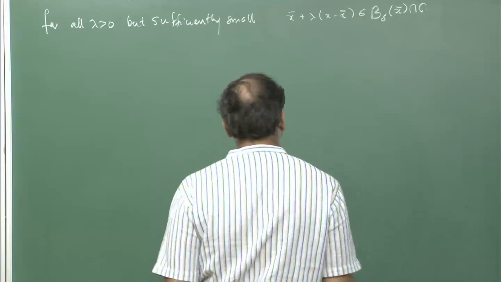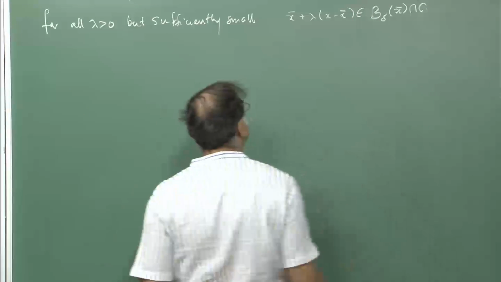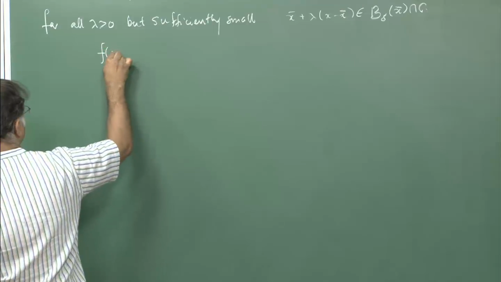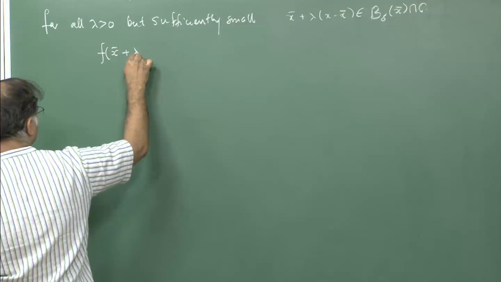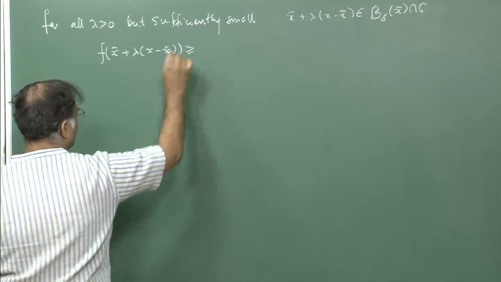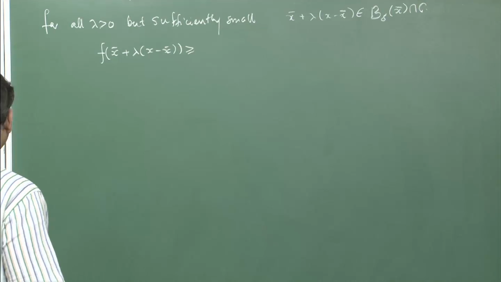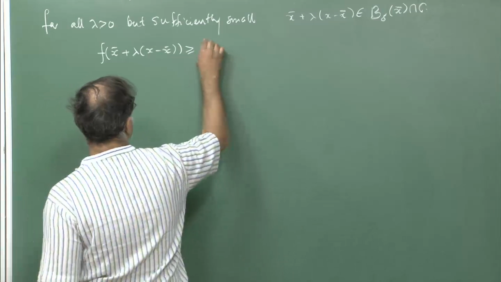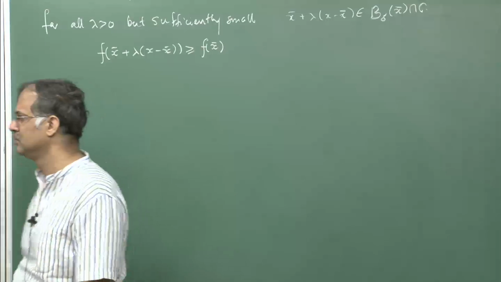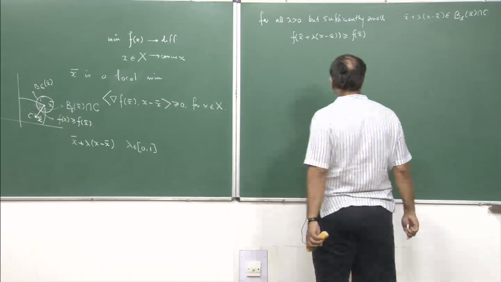So, once this is done, this means that f of x bar is less than or equal to f of x bar plus lambda times x minus x bar, and this is true by definition.